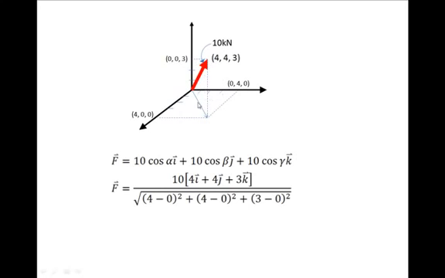Then this force can be expressed as 10 cos alpha i plus 10 cos beta j plus 10 cos gamma k, where i, j, k are unit vectors along the x, y, z axes, or in terms of these coordinates, it will be 10 into this vector 4i plus 4j plus 3k divided by the magnitude of this vector, that is under root of 4 minus 0 square plus 4 minus 0 square plus 3 minus 0 square. So if angles are known, this is the way to express. If coordinates are known, this is the way to express the vector.